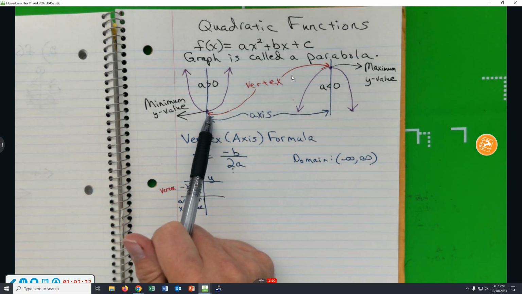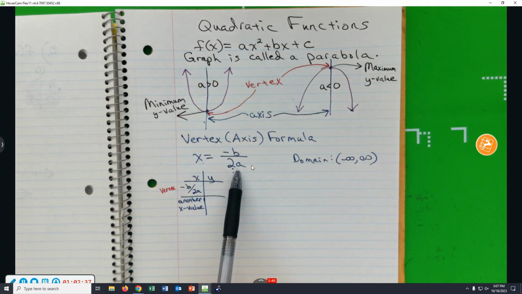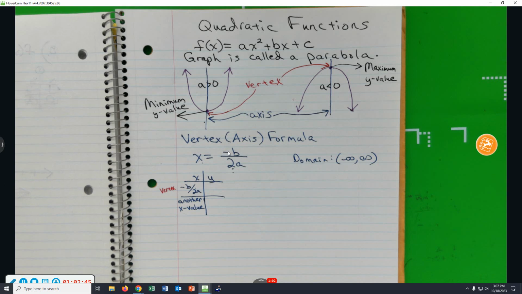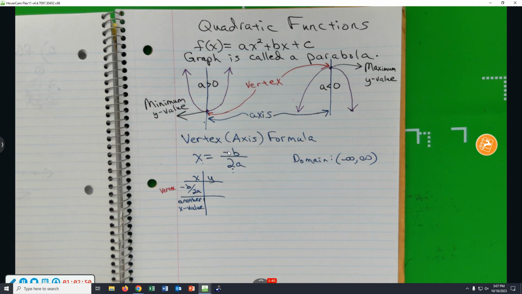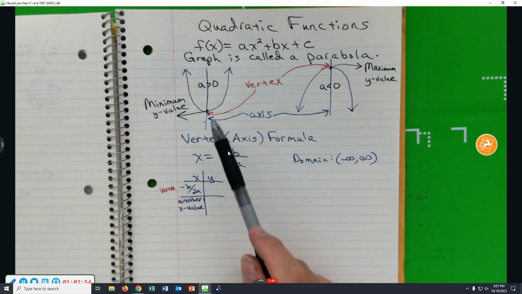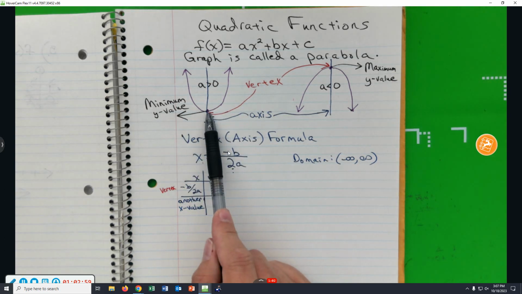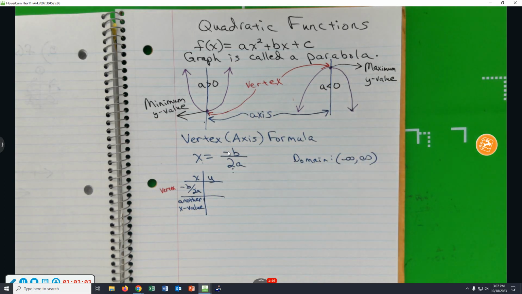So to find the location of the maximum or the minimum, you're going to use your vertex formula, and then whatever number you get, you'll plug in to get the value of the function. It's actually going to be some really easy word problems. Don't let them scare you. All you do is minus b over 2a and plug it in, because they'll be looking for maximums or minimums, and that's where a maximum or minimum occurs. If it's opening upward, the minimum occurs at the vertex. If it's opening downward, the maximum occurs at the vertex.